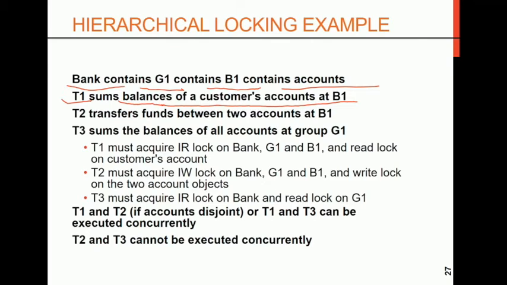The accounts of the customer are within branch number 1. You've got a second transaction here, which transfers funds between two accounts within branch 1. It doesn't say anything about whether or not the two accounts belong to the same customer, or if it's the same customer we're referring to within transaction number 1. Transaction 3 sums the balances of all accounts at group 1.